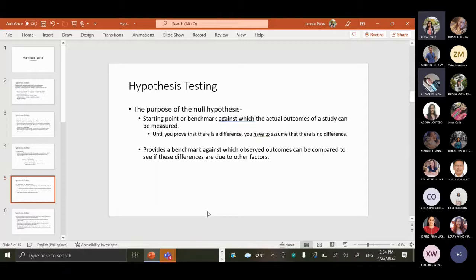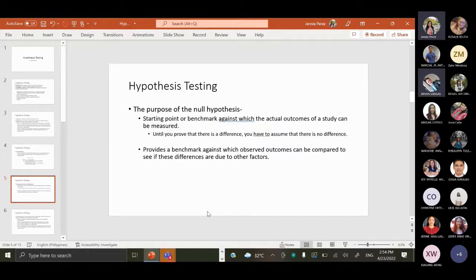I just say this as accepting the null hypothesis to make it easier to understand, because most of the time students have a hard time understanding what fail to reject means. Okay, actually it only means accepting the null hypothesis.